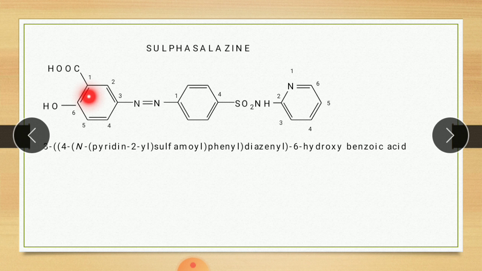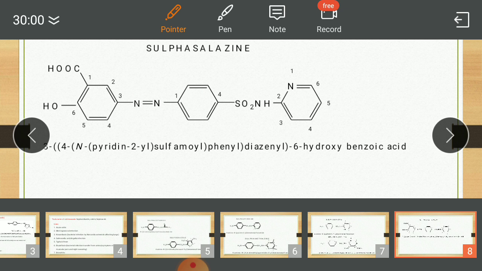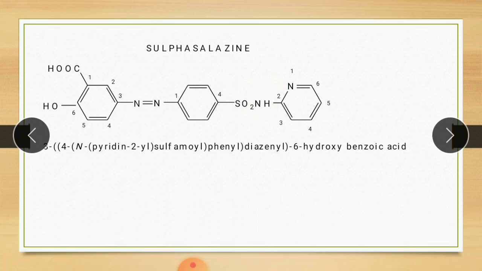Benzoic acid means this phenyl ring with an acid group, that is benzoic acid. So first you give the numbering from left to right, and then give the names of groups from right to left. So the total IUPAC name of this drug is 3, this 3, this 4, then N, this N, then the group is pyridin-2-yl, sulfamoyl, phenyl, diazenyl, 6-hydroxy benzoic acid.